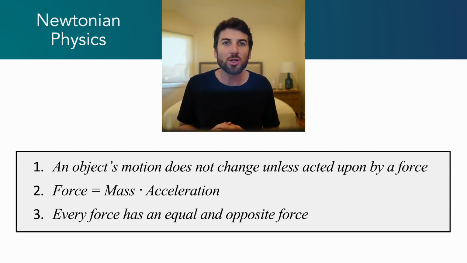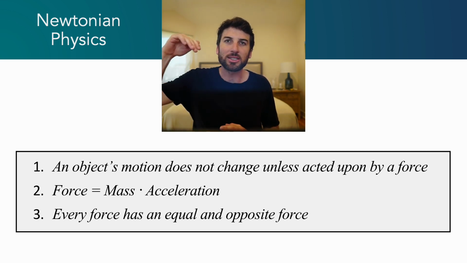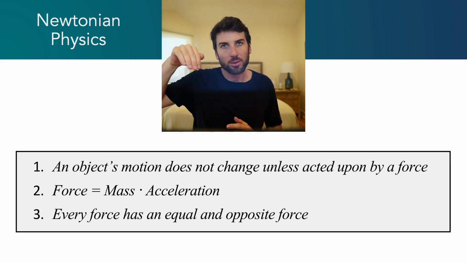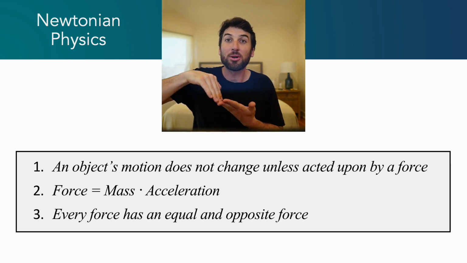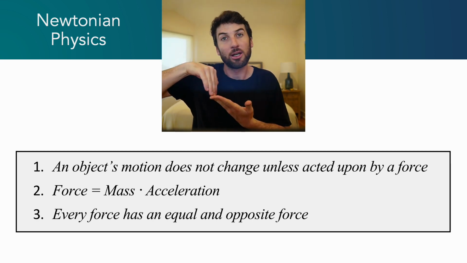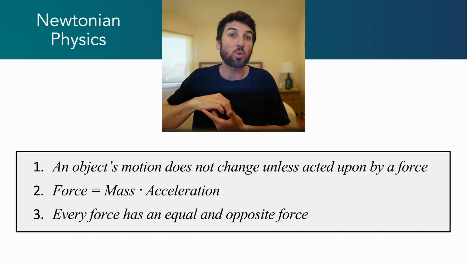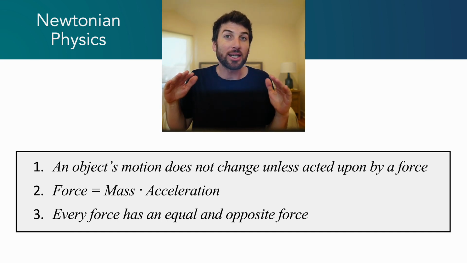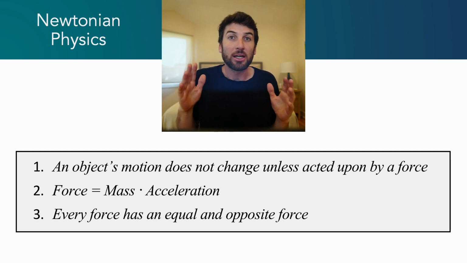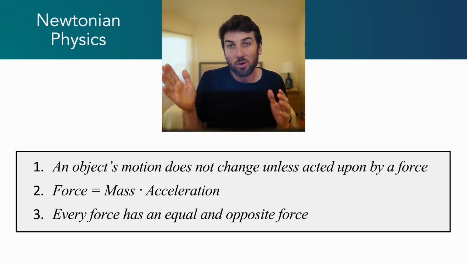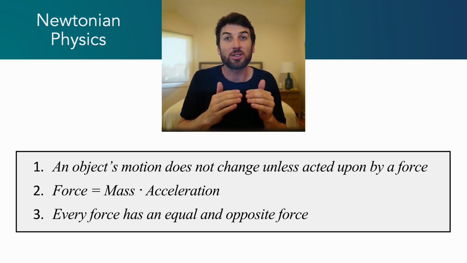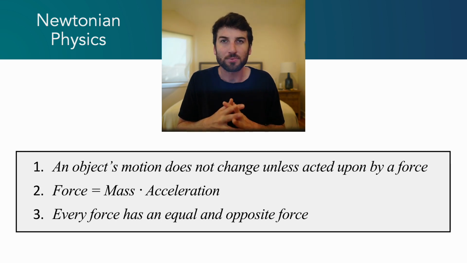Also, every force has an equal and opposite force. So if I'm standing on the Earth, gravity is pulling me down, but my feet are pushing up against the Earth and holding me up. Because if the forces were not equal and opposite, then I would be moving, right? There's acceleration until there's a force to counter that acceleration.